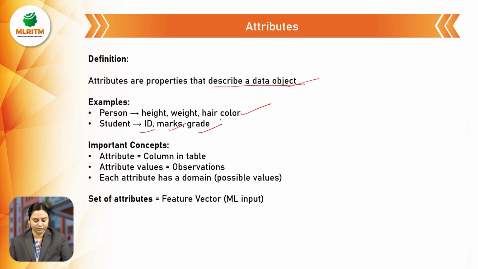Here we have some important concepts, two of them. Attribute means a column in a table, and attribute values are observations, and each attribute has a domain. A set of attributes is equal to a feature vector in machine learning input.